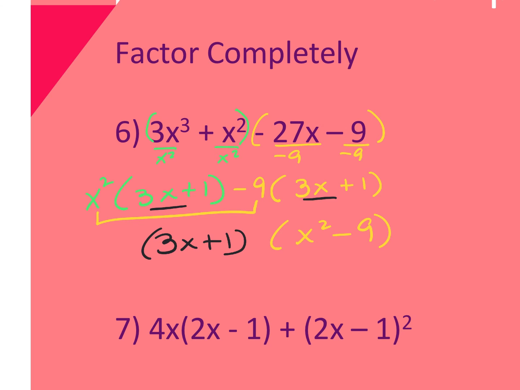And the yellow one, the x squared minus 9, is the difference of 2 squares, so I can keep going. I'm just going to square root the x squared. So what it creates are two binomials. The square root of x squared is x, and then the square root of 9 gives me 3 and 3, and then one gets a plus sign, one gets a minus.